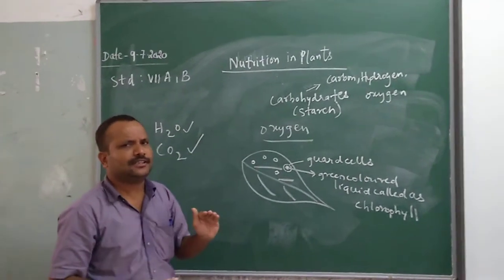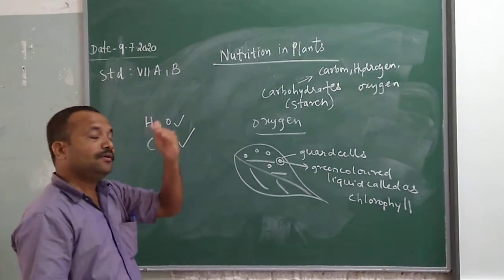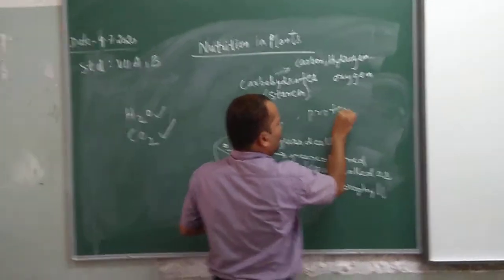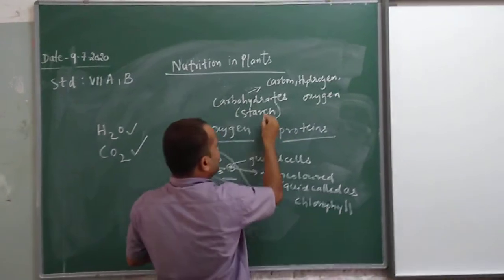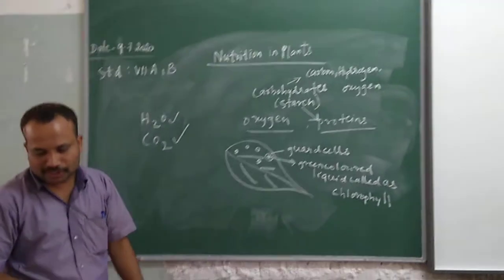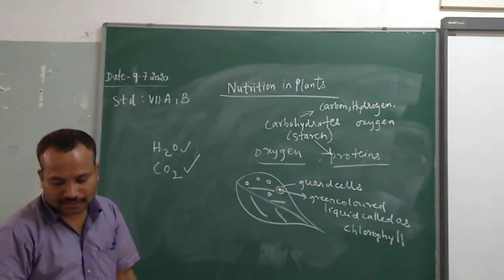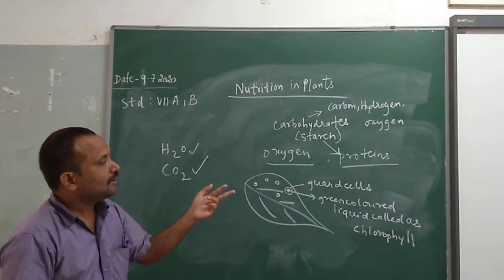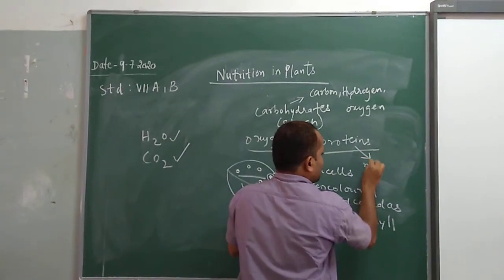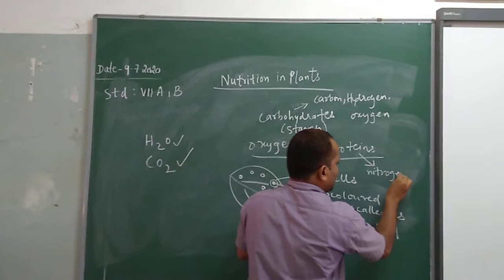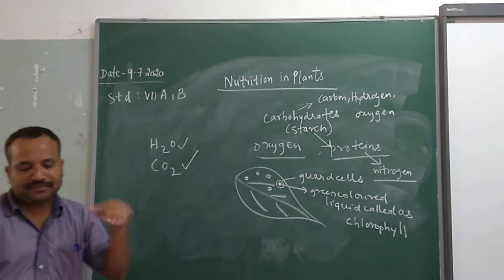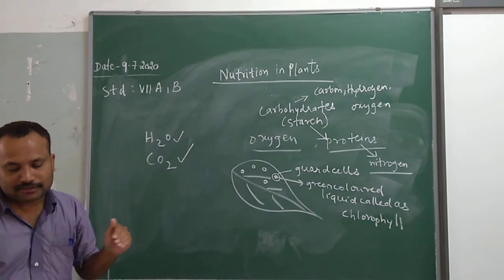What is produced in turn are proteins. Inside the starch, proteins are there. These proteins, children, in turn contain nitrogen.